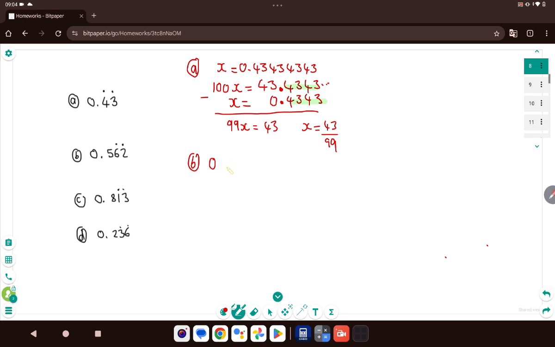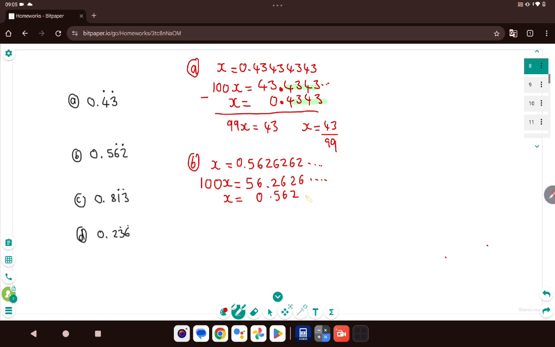Now, for the second one, x is 0.5626262. Multiply by 100 because it's a double digit recurring number, 626262. So 56.2626. Line them nicely underneath one another.